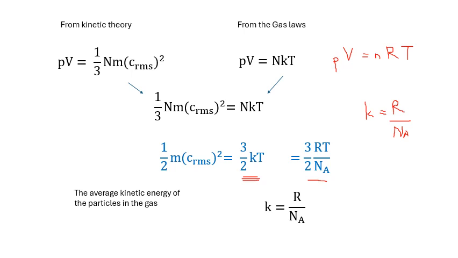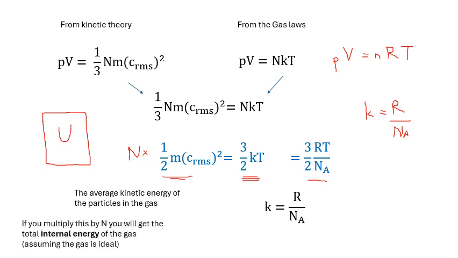Going back to what I was saying a second ago, if you multiply the average kinetic energy by the number of particles, that will tell you the internal energy of the gas, the total kinetic energy of the particles. If you multiply that by N, you will get the total internal energy. Do you remember the first law of thermodynamics and all that? Assuming that it's an ideal gas.